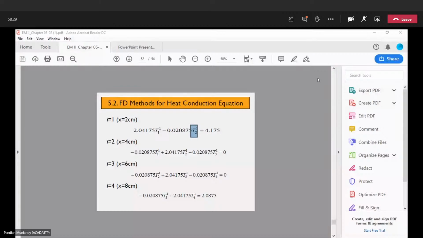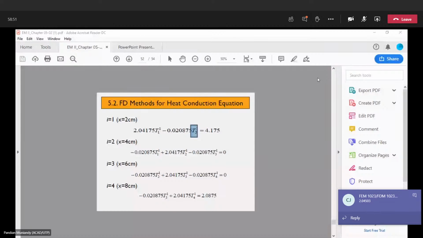What is the answer? 5 decimal places. 2.04503.